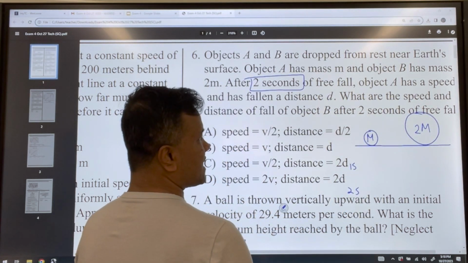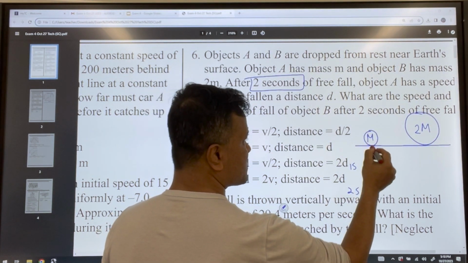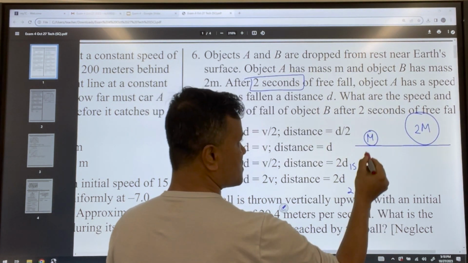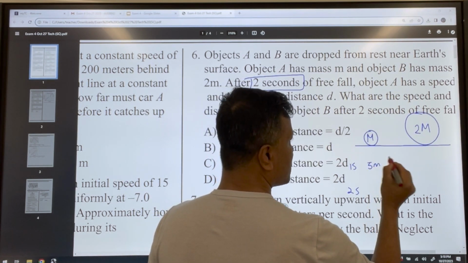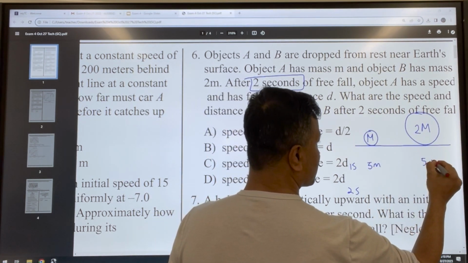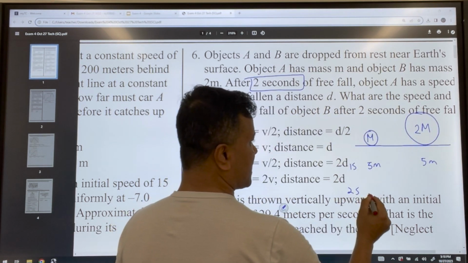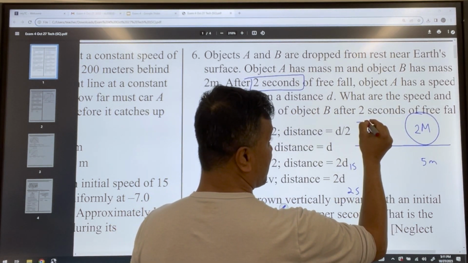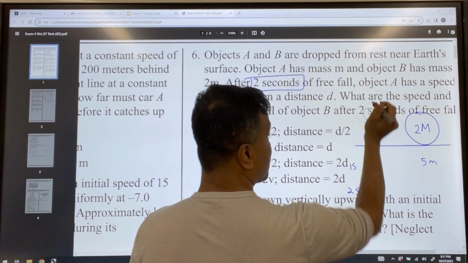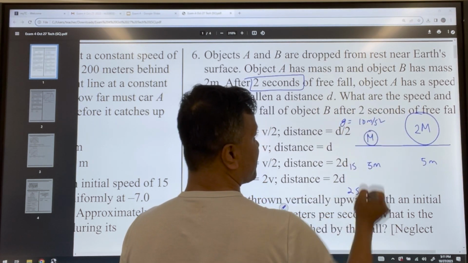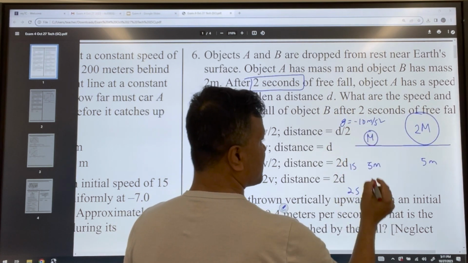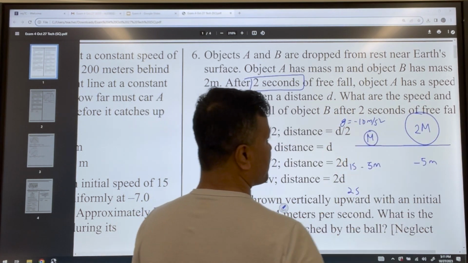1 second later, what is the distance this one is going to fall? This one is going to fall 5 meters, and this one also is going to fall 5 meters. At 2 seconds later, if you use 10 meters per second squared as acceleration due to gravity, if you use negative 10, then negative 5 meters, negative 5 meters.